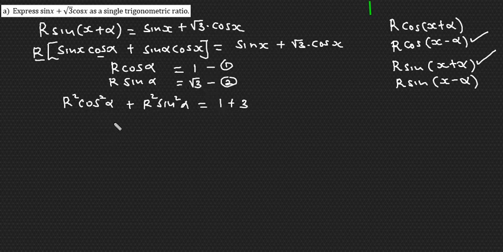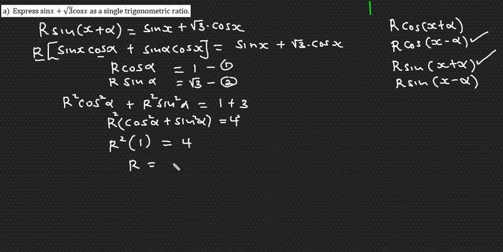Now r squared is common, so we have r squared times cos squared alpha plus sine squared alpha equal to 4. We know this identity is 1, so r squared equals 4. So r is the square root of 4, which is plus or minus 2. However, in this case we take the magnitude, so we have got our r.